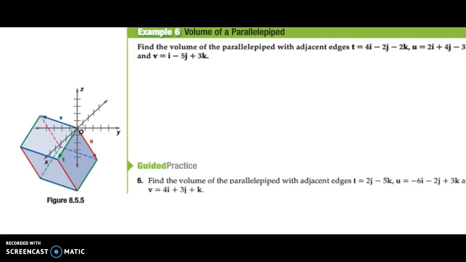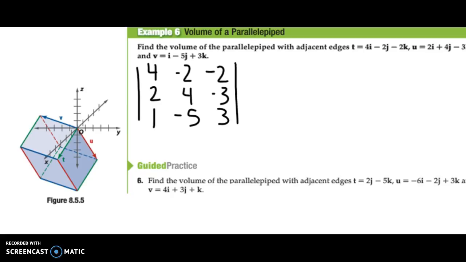So we have to begin by creating our matrix. Now this time we don't start with ijk, we start with our first vector, 4, negative 2, negative 2, and then we have 2, 4, negative 3, and then we have 1, negative 5, and 3.